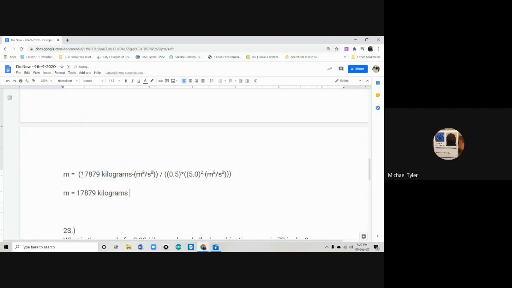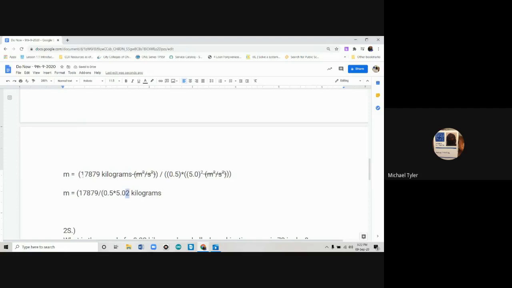And then we're going to finish it off because we have things that are being divided by the parentheses around this whole thing. Divided by what? That's that 0.5 multiplied by 5.0, and you're going to raise that to the power of 2 because it's squared.